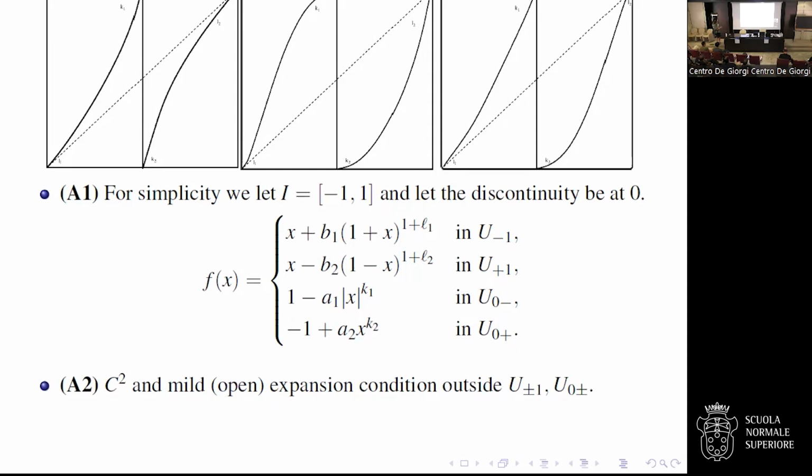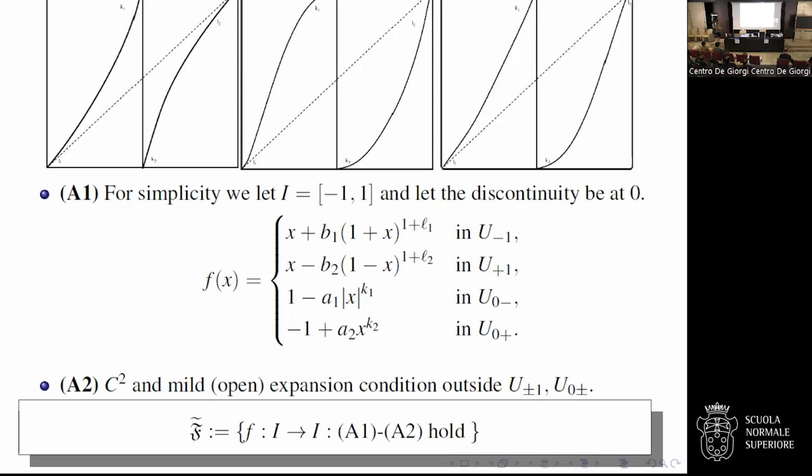So if we have a critical point and the neighborhood is small, then we don't need to assume the derivative is necessarily bigger than 1 outside these neighborhoods, but just that even though the derivative is small, if you take a few more iterates, then the derivative will be big. So think of it as just a mild expansion condition outside these neighborhoods, but it's a very natural condition and not very strong.